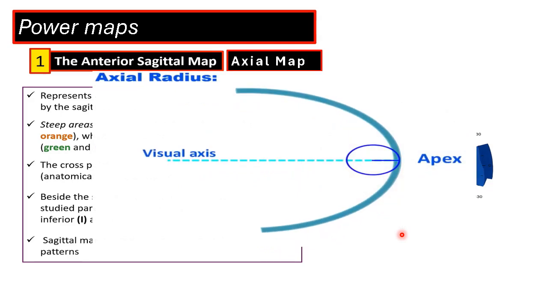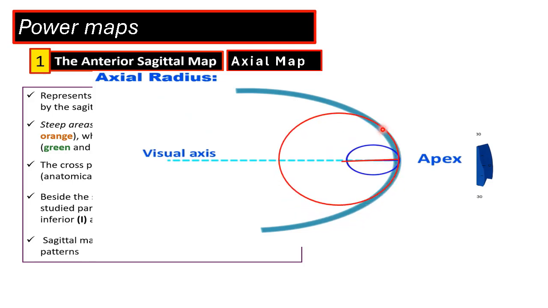The reason for that is that the axial map assumes that the eye is a sphere. So it measures the curvature of each point of the cornea in relation to the optical center or the visual axis. If we want to measure the power of this part of the cornea, the computer draws a circle and takes the radius of this circle, so that the power of that part of the cornea corresponds to the radius of curvature of the circle.